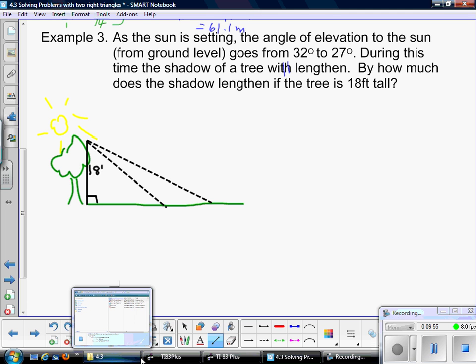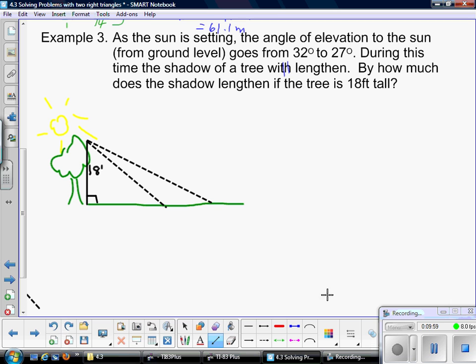So let's put those actual things in there as well. So we have this as being 32 degrees, and then as time goes on, it goes to 27 degrees. And what it's asking me to calculate is by how much did it lengthen its shadow. Okay, so that's the distance here is what I'm after.